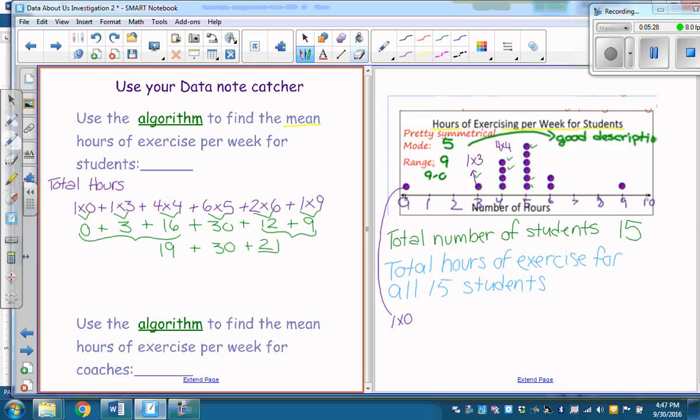And I know that 21 and 19 together make 40. So 40 plus 30 makes 70. So I did some mental math practice there. 70 hours of exercise for all of the students.